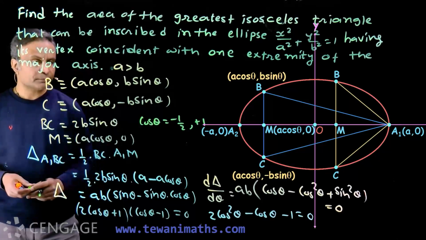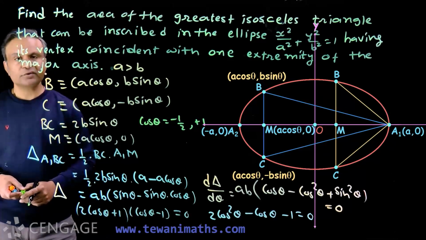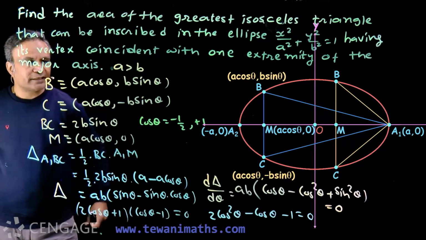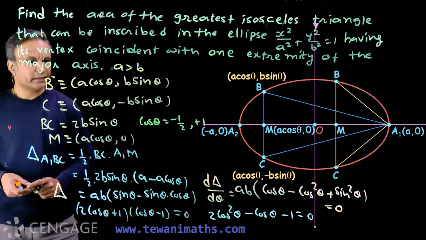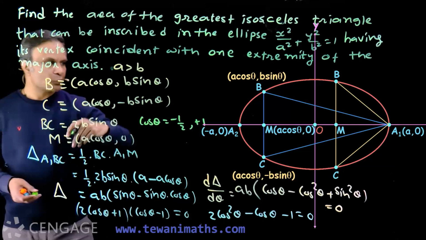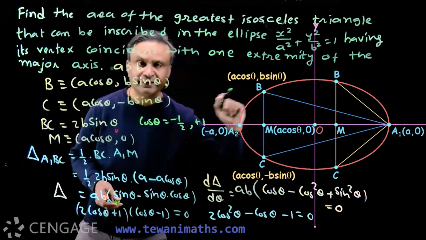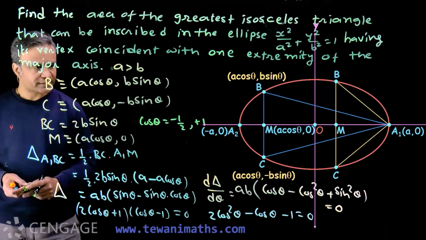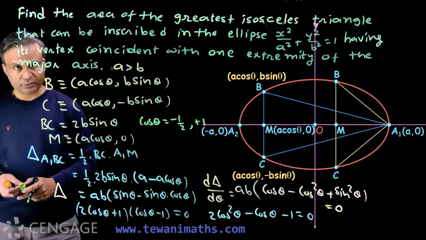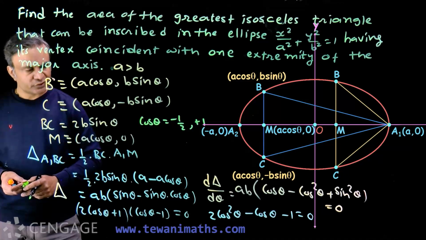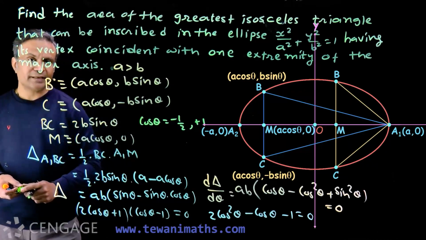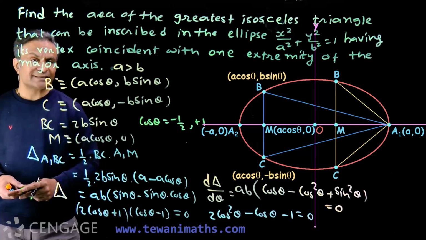We cannot have cos theta plus 1, otherwise theta will be 0. Theta 0 तो नहीं हो सकता. If you take theta is equal to 0, then points B and C will coincide with point A1. ठीक है, ट्राइंगल बनेगा ही नहीं यहाँ पे. So we consider cos theta is equal to minus 1 upon 2, and to ensure that for this value of cos theta delta is maximum, we check the second derivative.